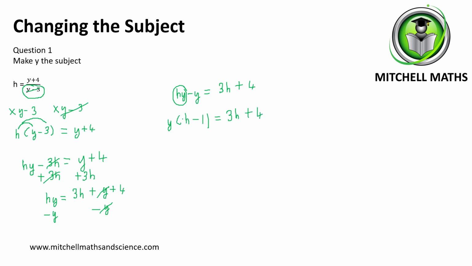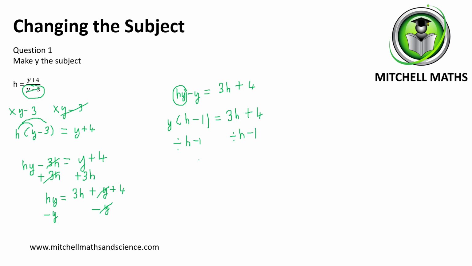Now I need to get rid of this h minus 1 on the left-hand side of the equation. Because it's in brackets and I've got a y in front of it, that means y multiplied by h minus 1. The opposite of multiplication is division. Therefore, I'm going to divide both sides by h minus 1.